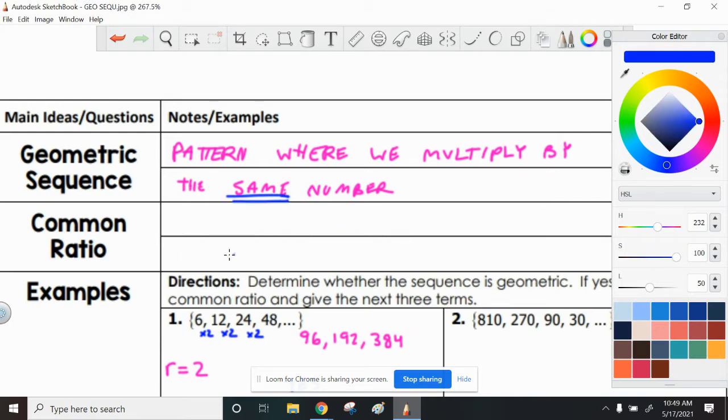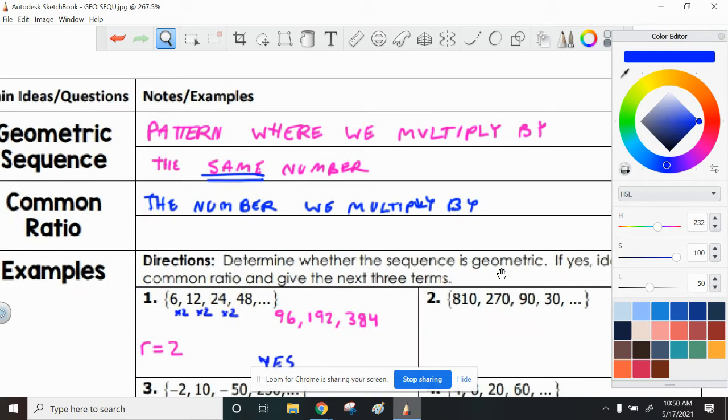Our common ratio is that number that we multiply by.